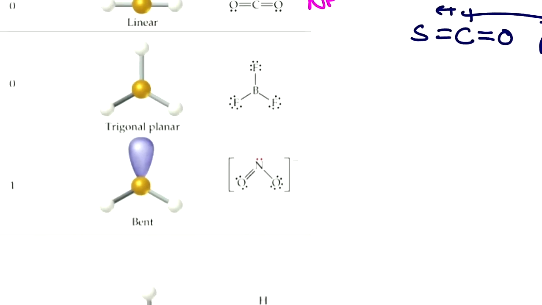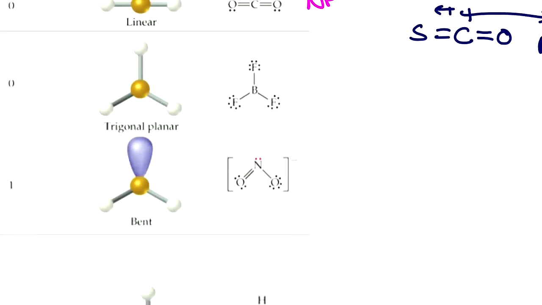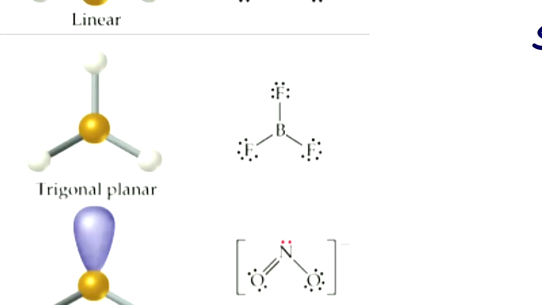Okay, what about BF3? What do we think? So now we have, let's say, 3 bodybuilders all around this central atom, and they're all 120 degrees from one another. Do those vectors cancel? They do cancel, so this is a nonpolar molecule.